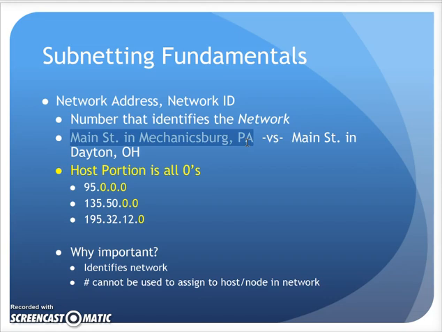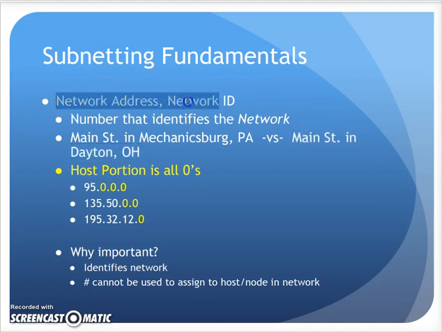So as long as I say Main Street, Mechanicsburg, PA, that's the only one. That would be as opposed to the Main Street in Dayton, Ohio. Again, there's only one Main Street in Dayton, Ohio. So that is identifying the street in a town in the world.